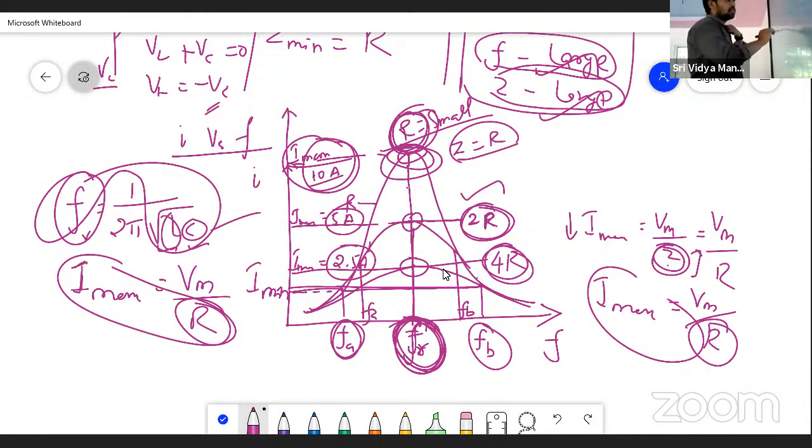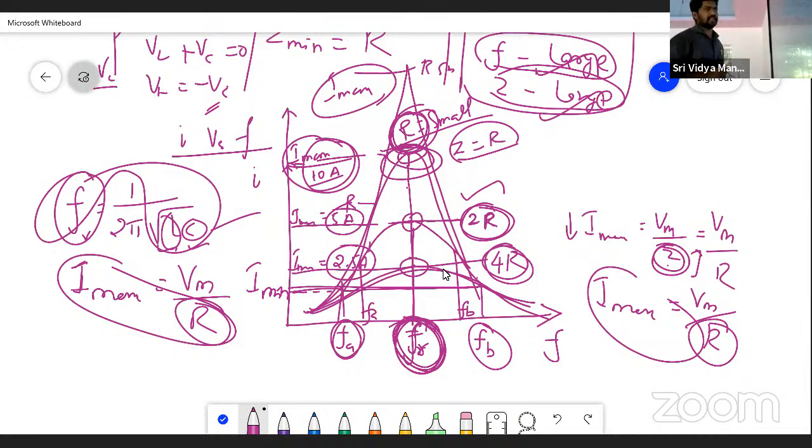If the curve is very flat, the resistance is maximum. If the curve is very sharp, the resistance R value is very small, and current is maximum. That is called a pure resistive circuit. This is called resonance in an RLC series circuit. It's very important.